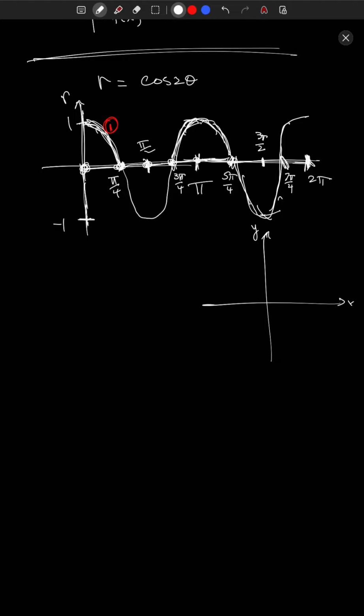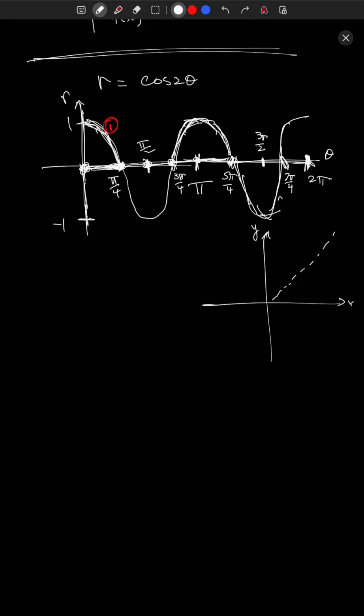From 0 to pi over 4 up here represents the angle from 0 to pi over 4 in the x and y picture. So this hump number 1 represents the region from 0 to pi over 4. So here's pi over 4, right? We're going to be drawing the graph from here to here as theta moves from 0 to pi over 4.